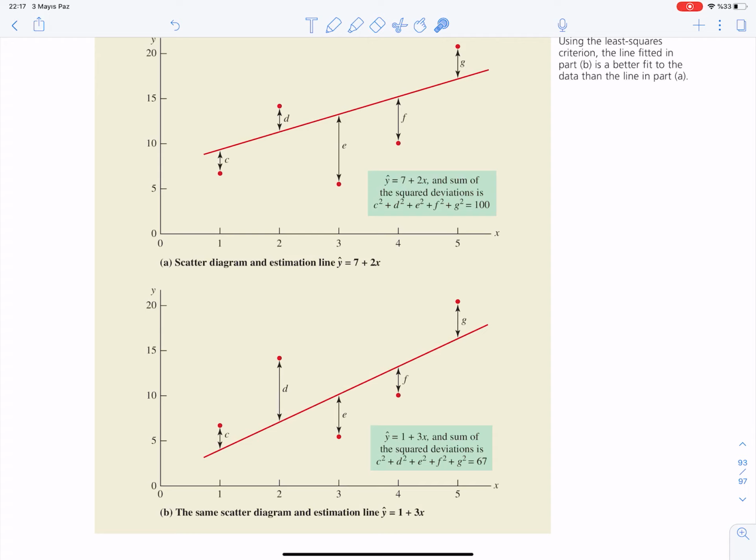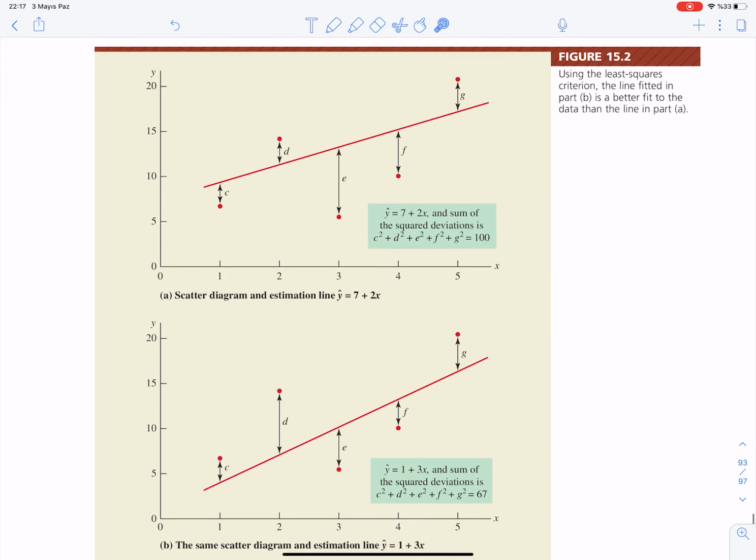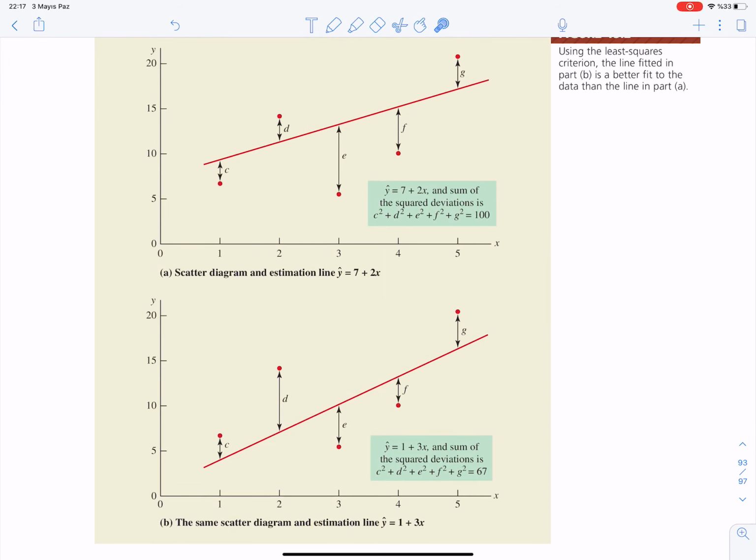The next one is the sum of squared distances according to this line. This is 67, so in this case I will consider this model the better fit. This is how you conclude when you compare those two lines.